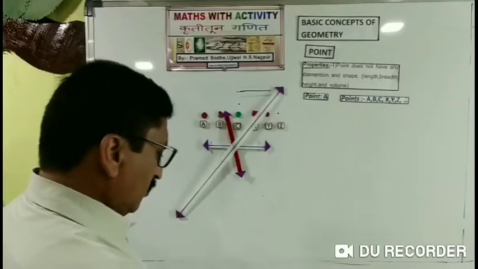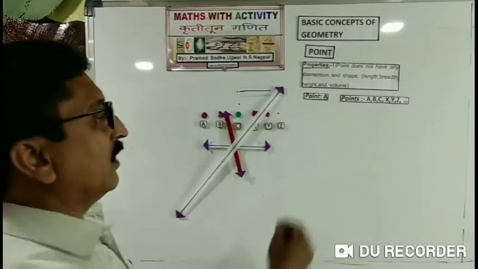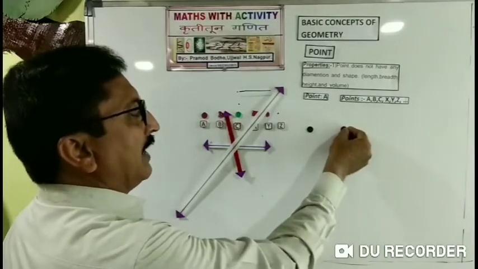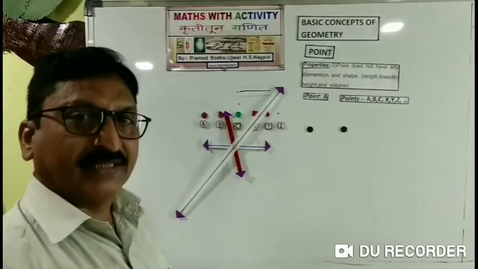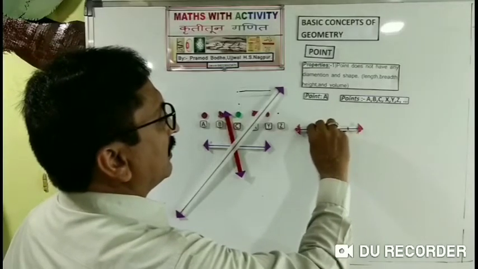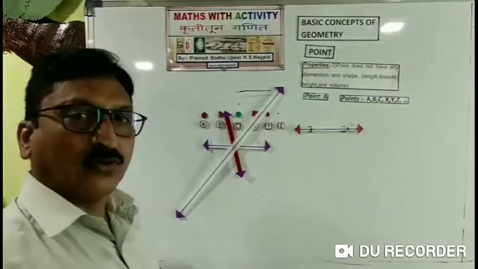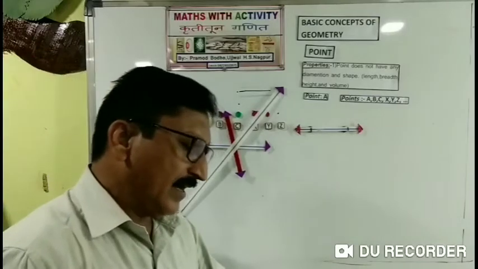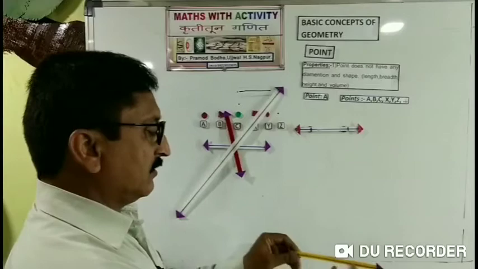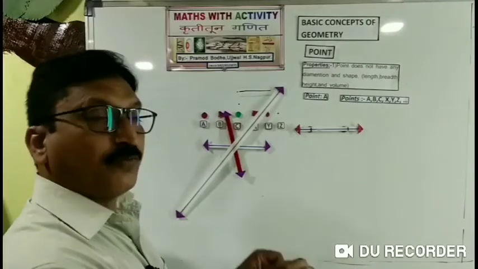Suppose I take 2 points here. Let's see what will happen. Suppose I put 2 points and now we have to draw a line passing through these 2 points. Let's see, first I draw the first line passing through these 2 points. Let's try another line again. What will happen? Suppose I try to draw the next line passing through these 2 points.